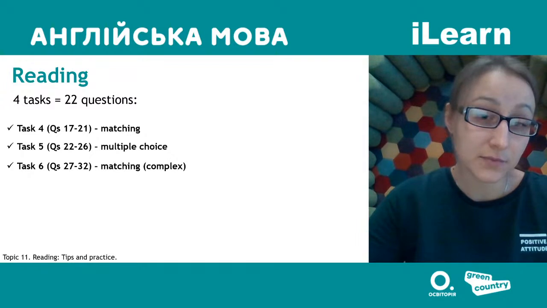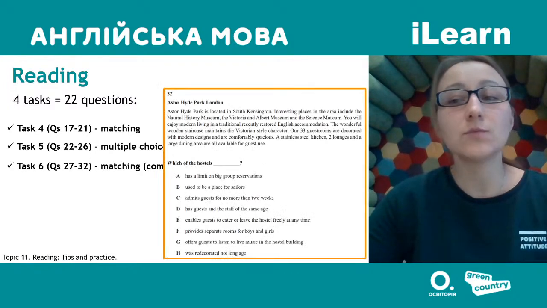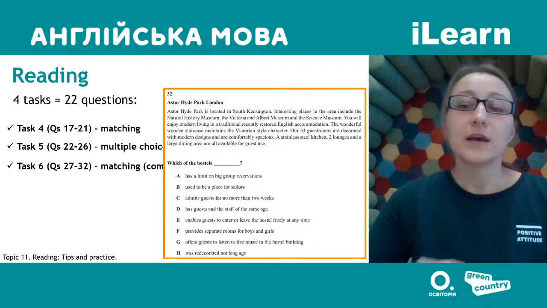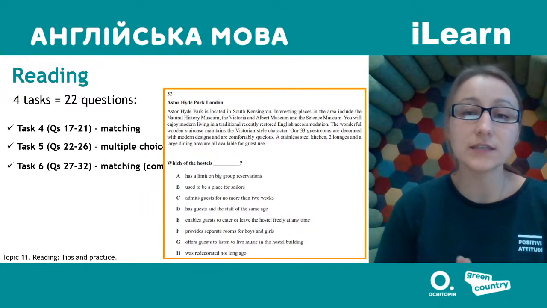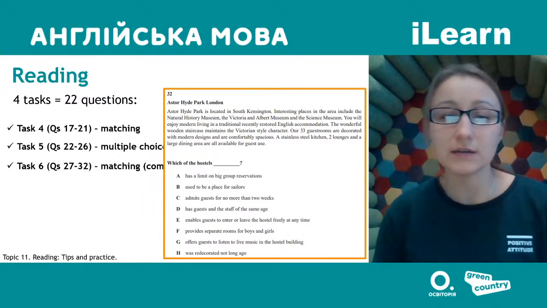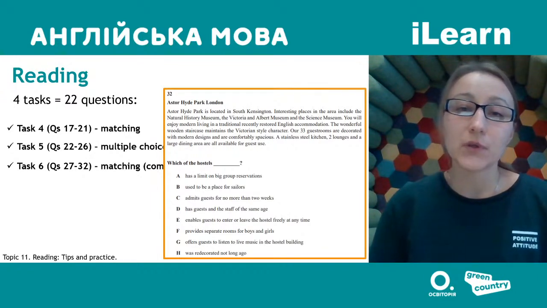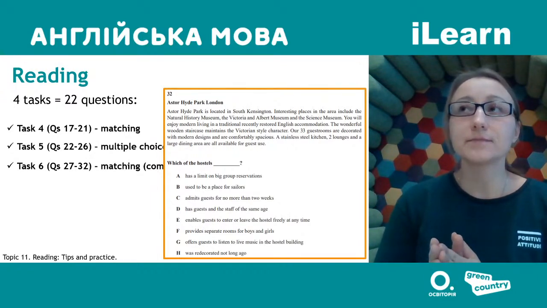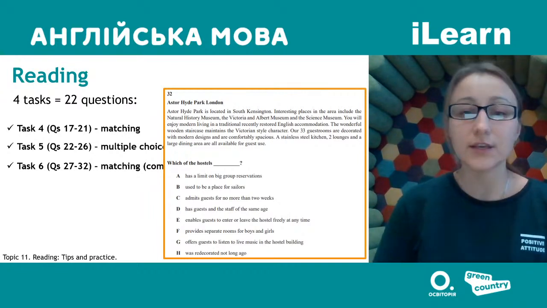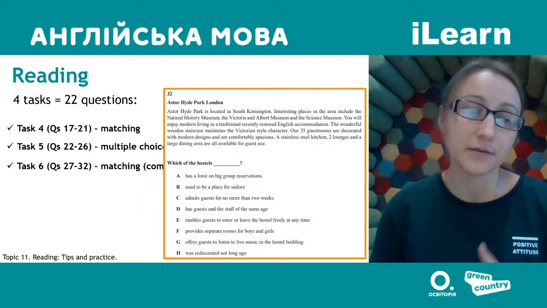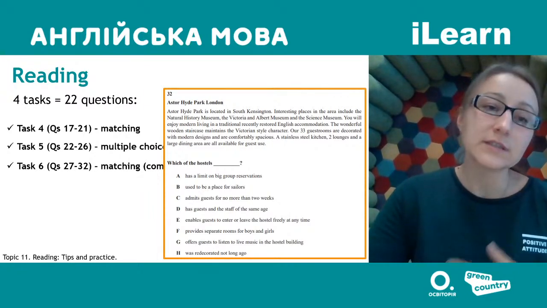Then there is task number 6, and that is also a matching task, but it is more complex. There you've got quite a long text again, and the task again is to match the main idea or the headline of the text. Usually it's a kind of separate short text, and you just need to find out what they are about, but it is more complex than the first one.